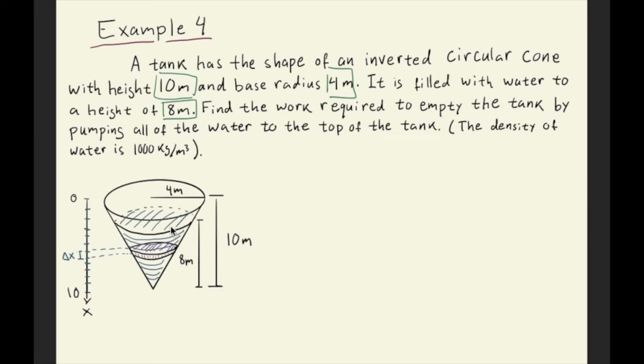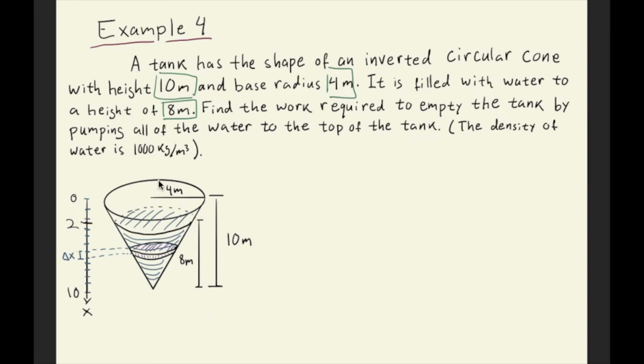So if you're right on the top and you want to be pumped to the top, then you only need to travel a short distance. Look on the left here, I drew this x-axis. If you're on the top of the water, you're at x equals 2. So 0 is the top of the cone, the top of the water is 2, and all the way down the bottom is 10.